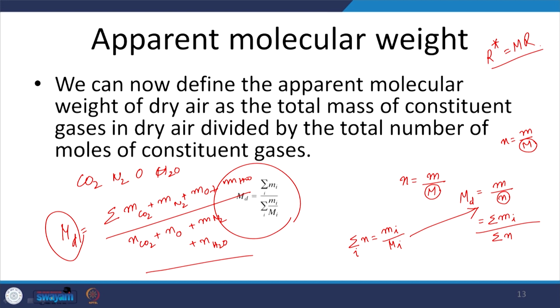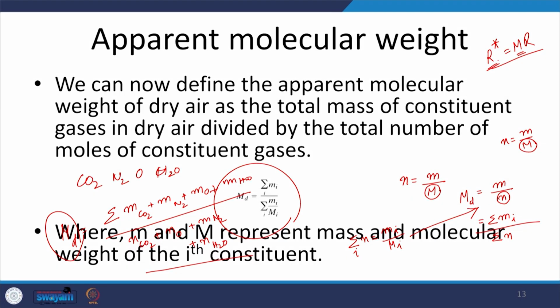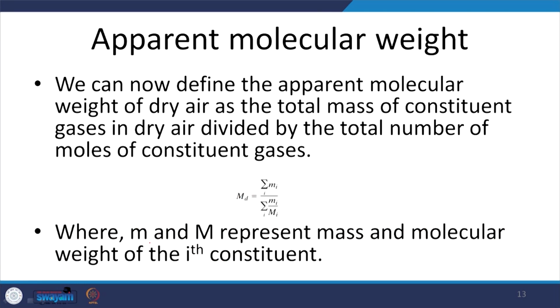So, what you can do is calculate the mean molecular weight, and then if you know the universal gas constant, you can do that, right. So, simply speaking, small m and capital M represent the mass and the molecular weight of the ith constituent, and it can be made up of any number of constituent gases.